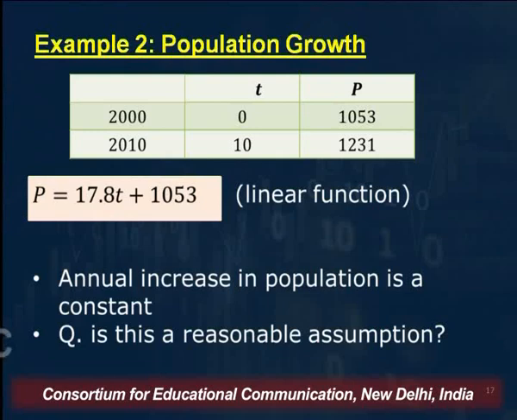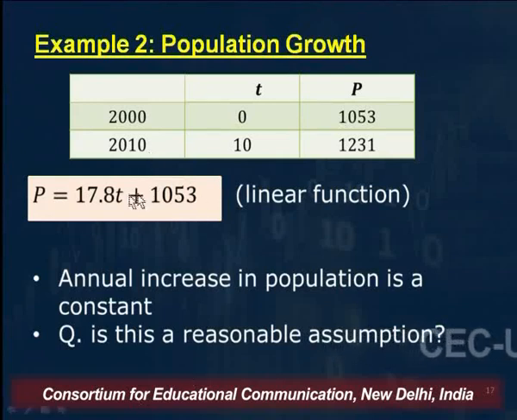Now, the other example that I want to talk about is the case of population growth. If you have gone through the lecture that we had on linear functions, we had taken this data. We had taken the population for two time periods, 2000 and 2010, where the year 2000 represented time 0. And you were asked to construct a linear function to estimate what the population would be in any year.